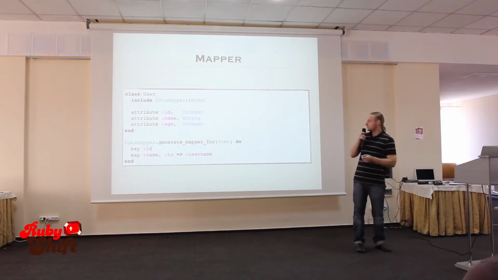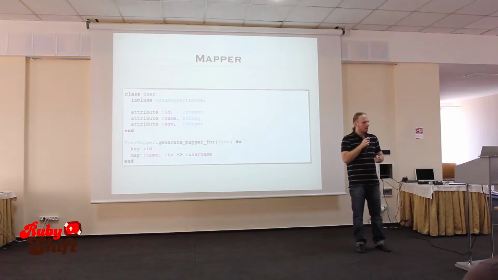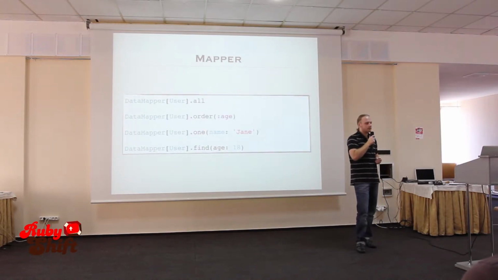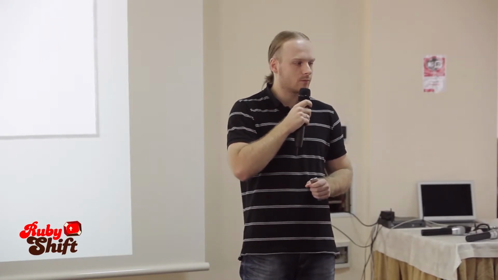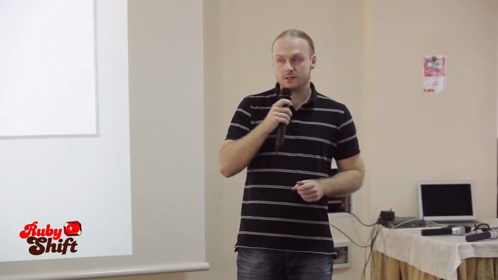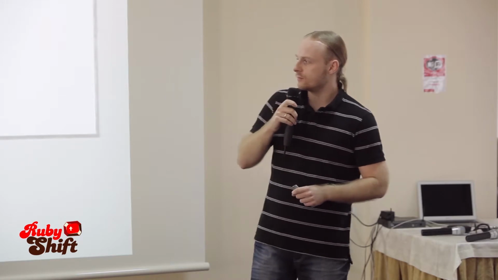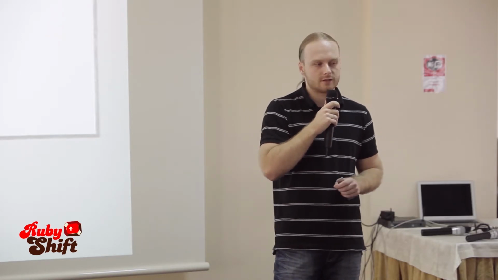So once we have the mapper, we can access an instance of this mapper with the square bracket method in the DataMapper module. And as you can see, these are examples of running a query. And it's really similar to what you know from Active Record or DataMapper 1 or other ORMs in Ruby.